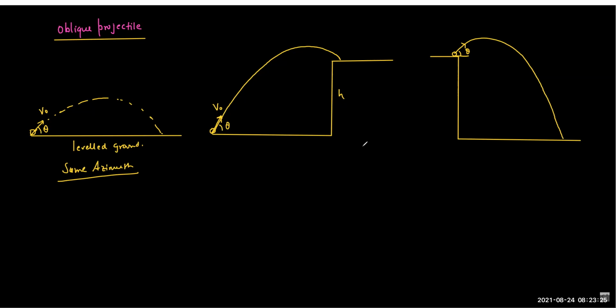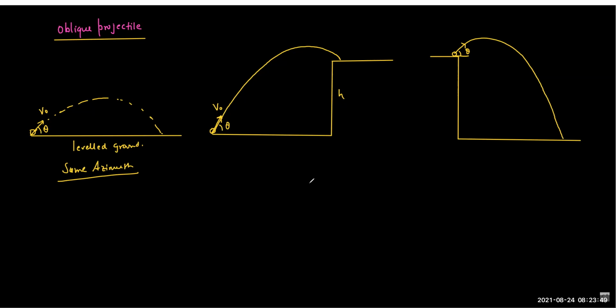So now we have to deal with all these three varieties, and we will start with the first variety. The first variety we will discuss at length, and using those concepts we will try to solve the second and the third case as well.